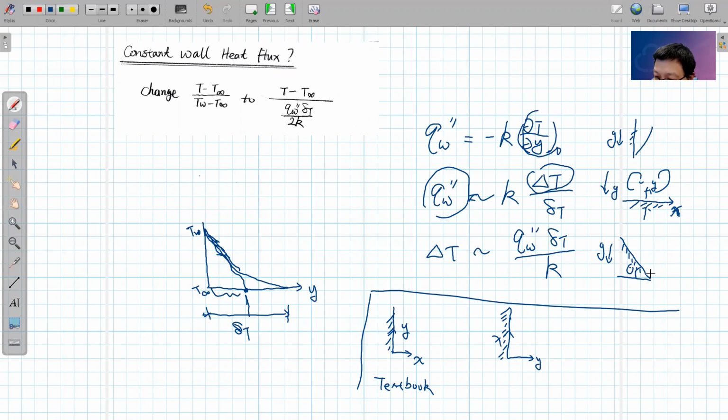In this case, I also still want x to be the direction along the plate and y perpendicular to the plate. I just want all three cases to have consistent xy notation. So that's why I reverse the x and y from the textbook. Okay, so this is this note. So when you read the textbook, you need to realize this.